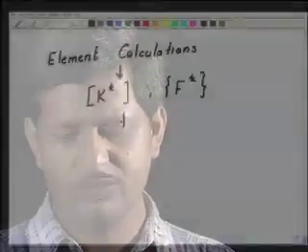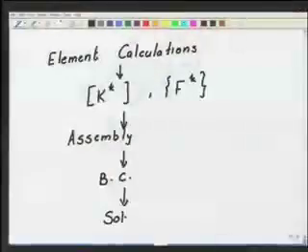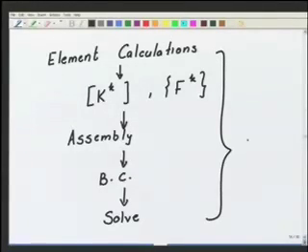Then we will do the assembly process. Then we apply the boundary conditions and then solve. Solve means use Gauss elimination or any solver which you must have already studied. This whole part is called the processor. In a finite element code, this is called a processor.